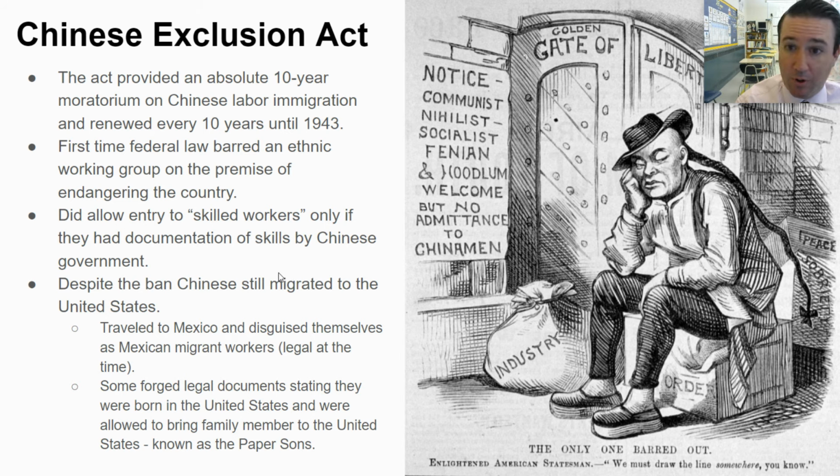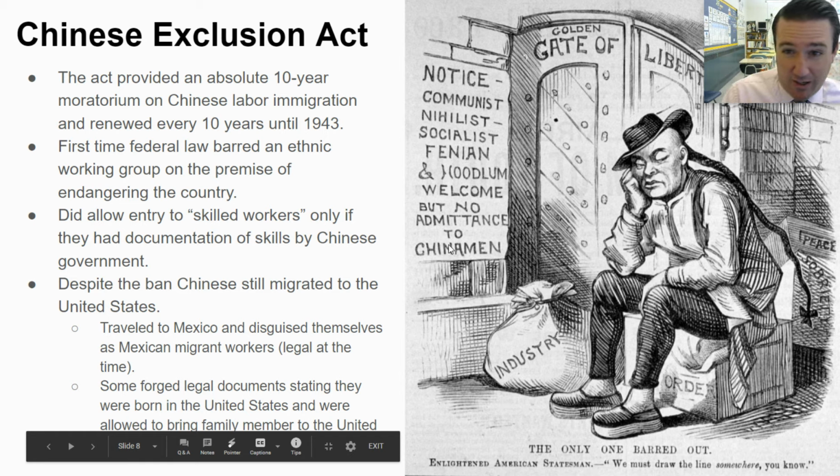They still allowed some skilled workers in, but they needed documentation from the Chinese government proving they were licensed skilled workers in some industry or artisanship. This was the first time federal law had banned an ethnic group from our country.